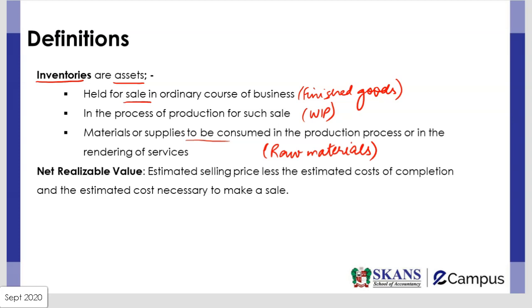Please do keep in mind that during the year, whenever we purchase an item, whether it is a finished good with the intention of resale or we buy raw materials, the double entry that we pass is debit purchases, credit cash, or trade payable.